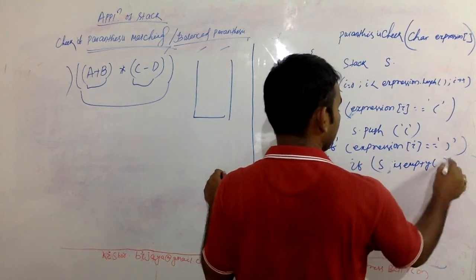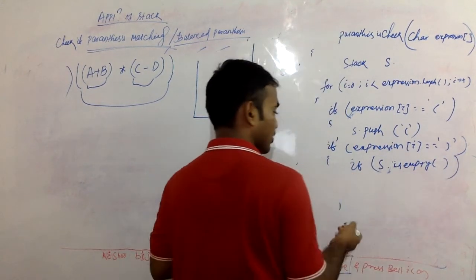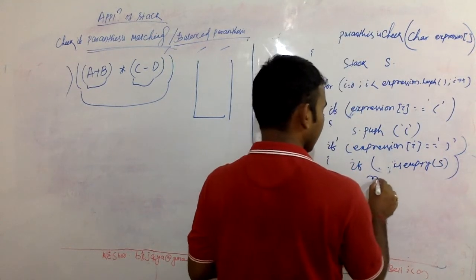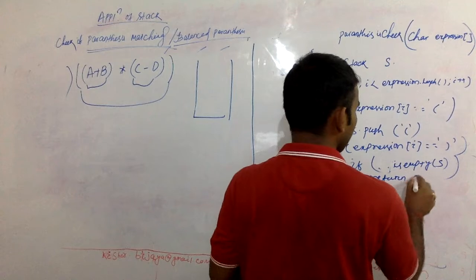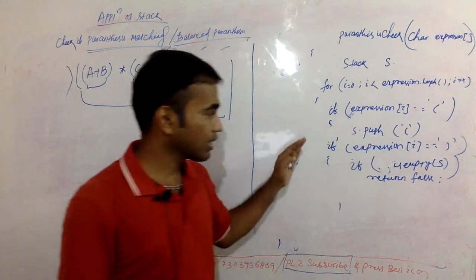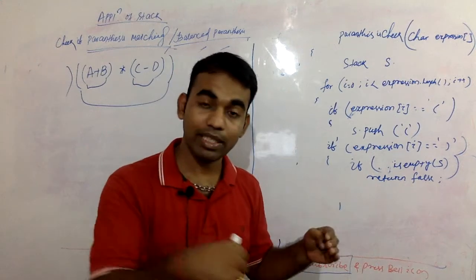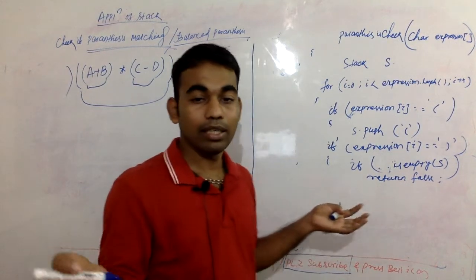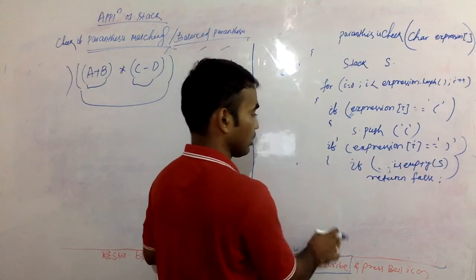So if S is empty, then return false. What does that mean? If the stack is empty and a right parenthesis is coming, there must be a left parenthesis present, but if there is no left parenthesis, then we need to return false, right?